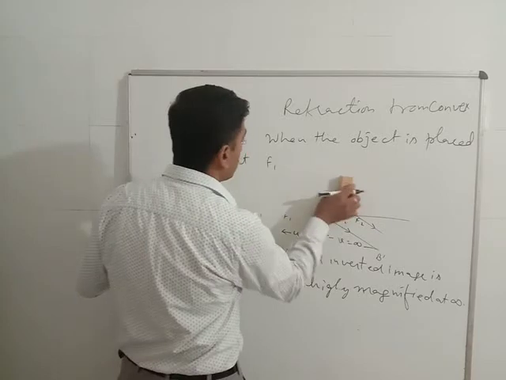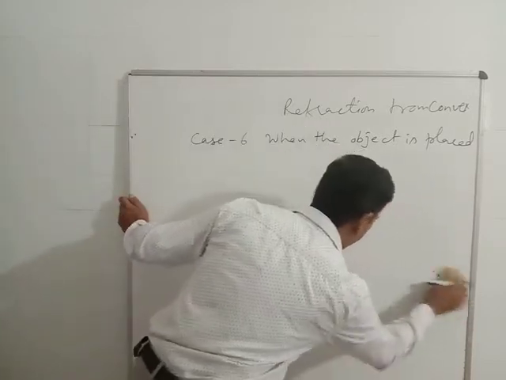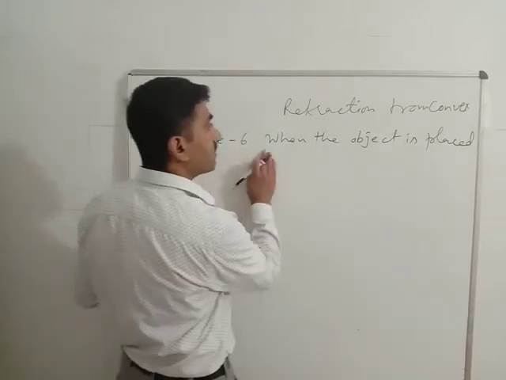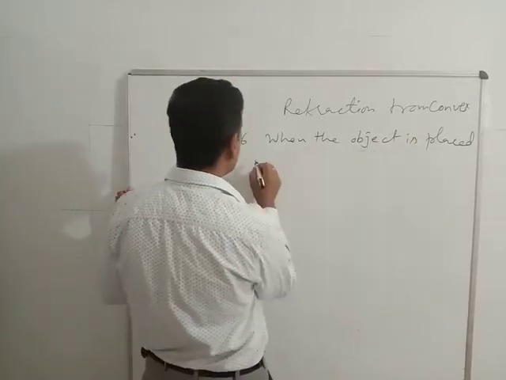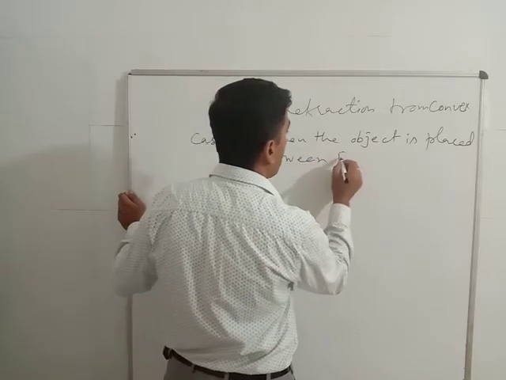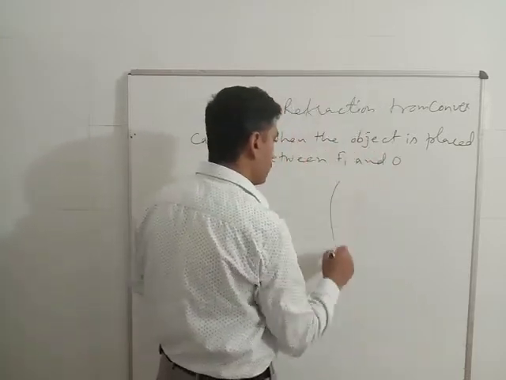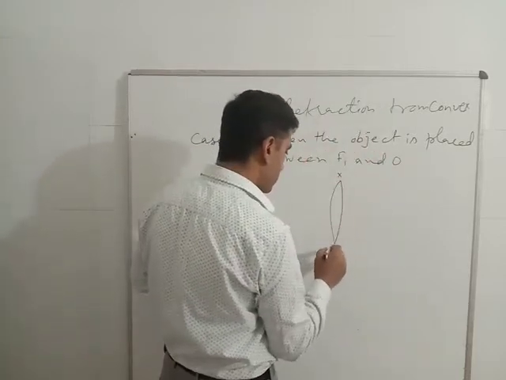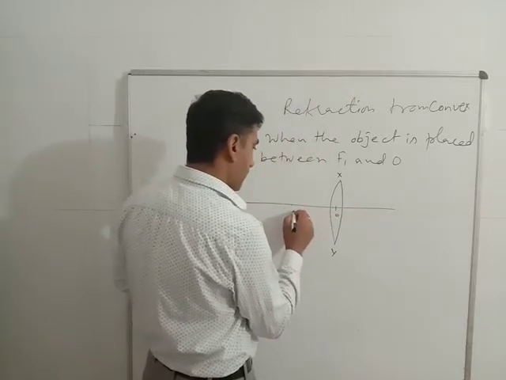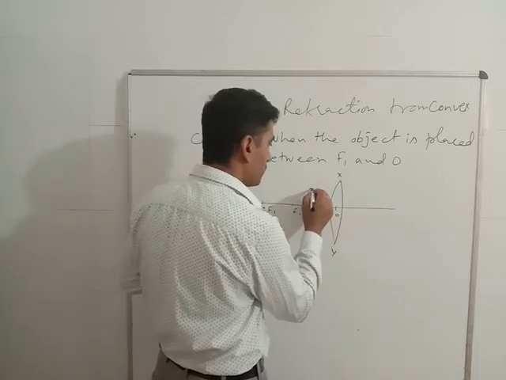Let's form the last case. So here comes your case number 6, when the object is placed between F1 and optical center O. So here this is X, this is your Y. Let's draw it here.